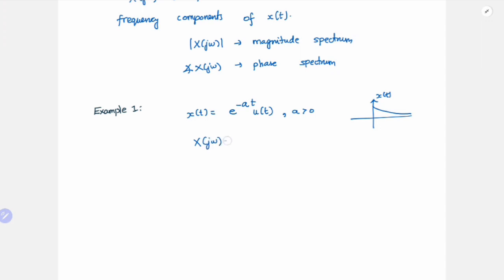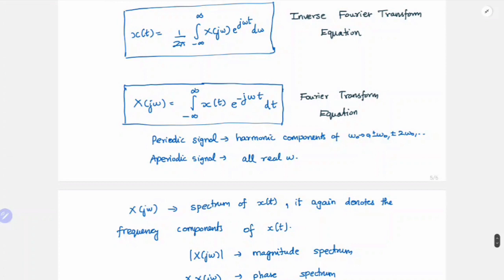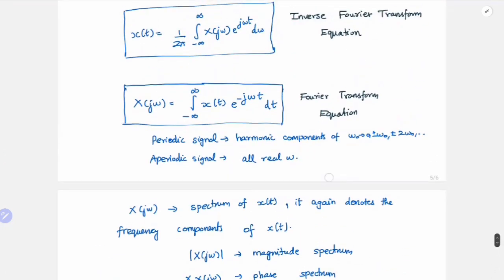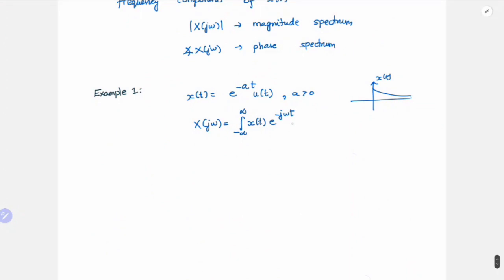Now let's find the Fourier transform of x of t. So we have this equation: integral from minus infinity to infinity of x of t e power minus j omega t. You should not forget the minus sign here, and it is plus here. And dt.